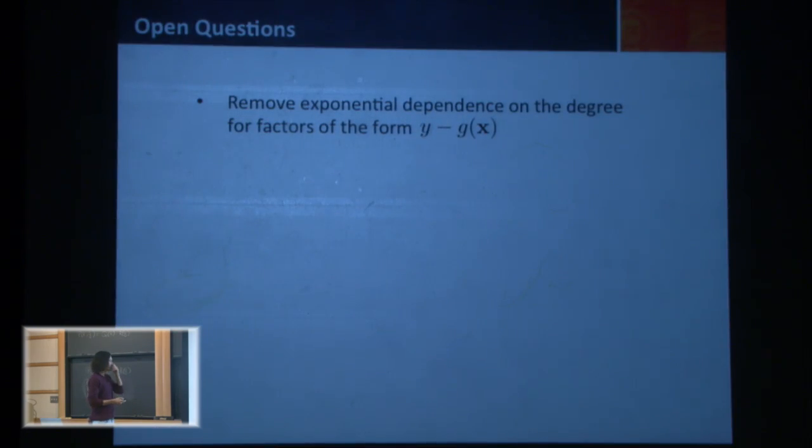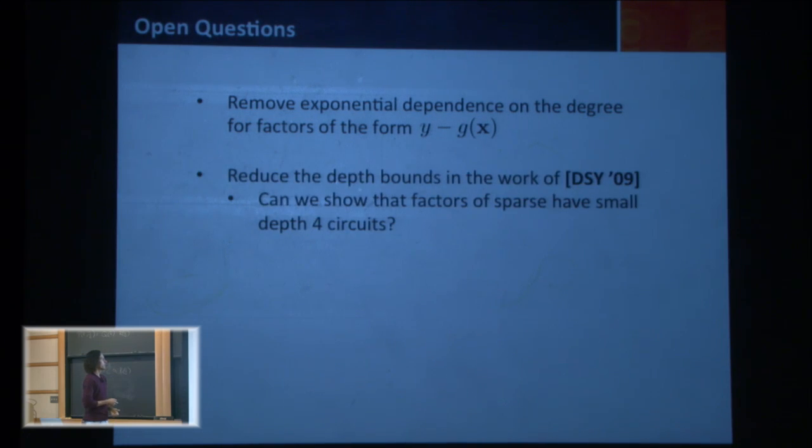Now there are lots of open questions remaining from this work. The main one is to remove the exponential dependence on the degree for roots. Another one is to reduce the depth bounds in the work of Dvir, Shpilka, Yehudayoff. For example, can we show that factors of sparse polynomials have small depth 4 circuits? Remember that the gap that I showed to you was a sub-exponential gap.